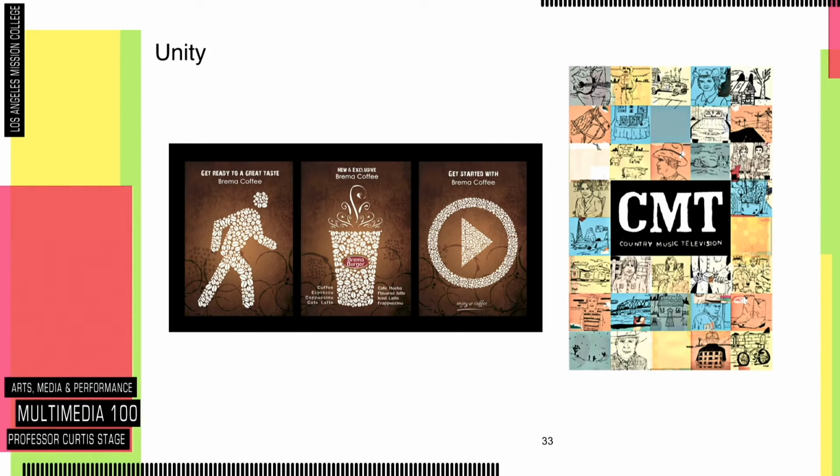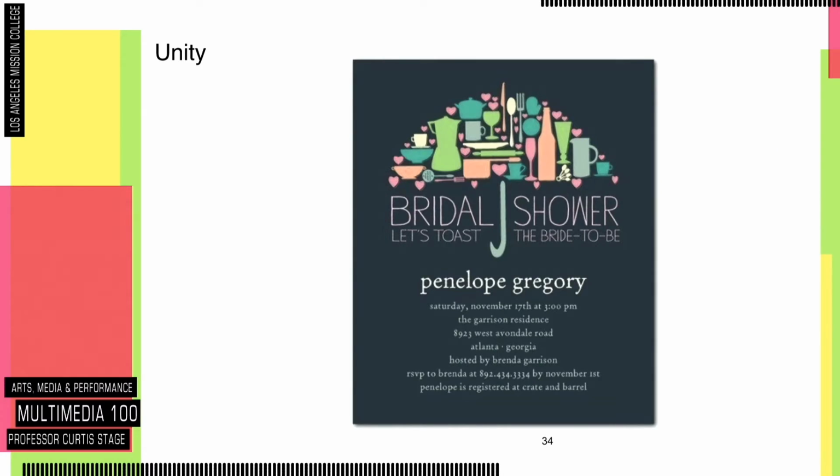So what unity is doing is taking multiple elements, multiple forms, like objects, and with those multiple objects, it's creating other objects. We see that in this bridal shower one, a great example of this. So the umbrella, we get that as a shape of umbrella, and it's all unified as an umbrella.